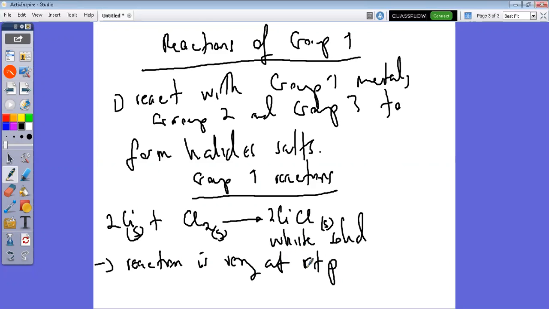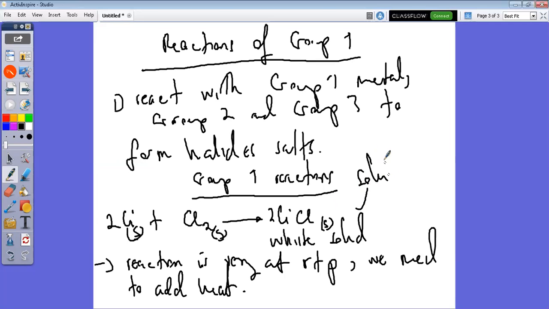RTP means room temperature. So we need to add heat. Are we together? In terms of the reaction, this solid is soluble in water. All group 1 chlorides dissolve in water.